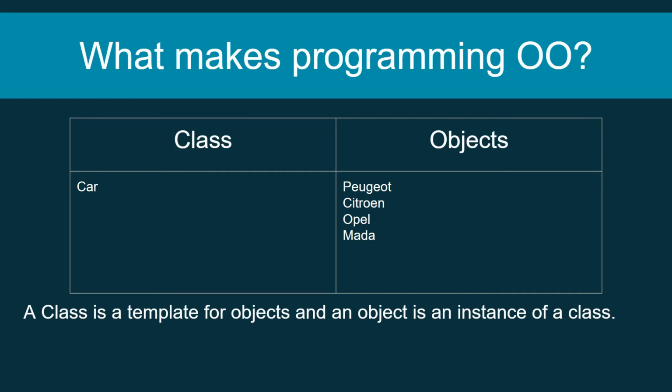For example, here we have the class car, and we can create from this class car many objects depending on the type of car, the manufacturer, etc. As you see here, we have Peugeot, Citroen, Opel, model. If it is not clear now, don't worry. I provide you enough examples so that you know the difference between class and objects.